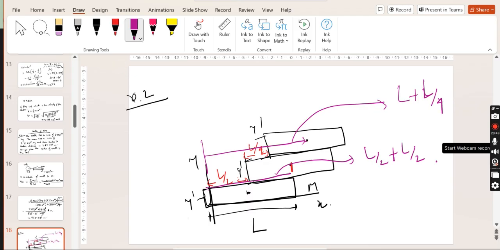That is the x-axis coordinate of the center of mass of these bricks. That is L by 2.